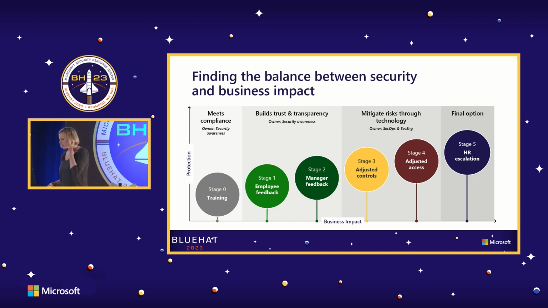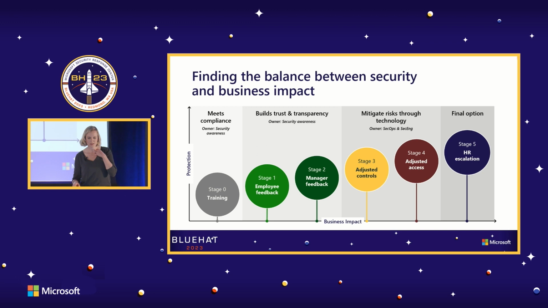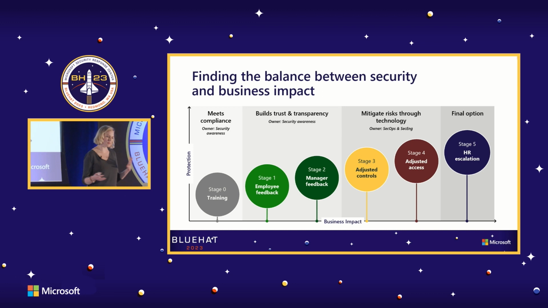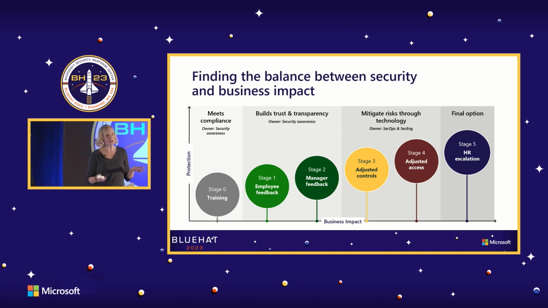So the first thing that I want to bring your attention to is the X and Y axis here. So we have business impact and protection. When we have something in stage 0 like training, very little business impact, right? It's not really going to disrupt the business too much if we ask someone to take a few minutes of security training, but relatively low protection around this.